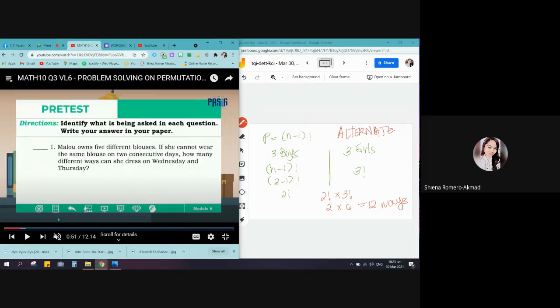So to start, we'll have number 1. Malu owns 5 different blouses. If she cannot wear the same blouse on 2 consecutive days, how many different ways can she dress on Wednesday and Thursday?